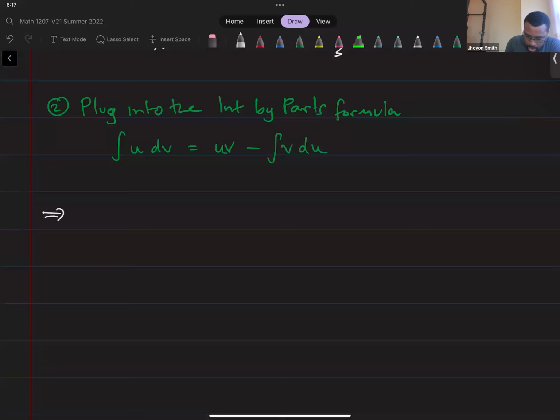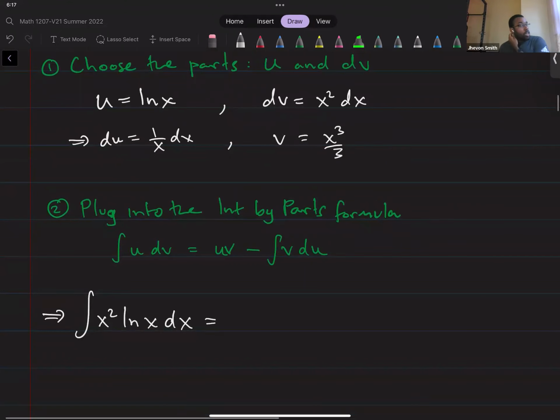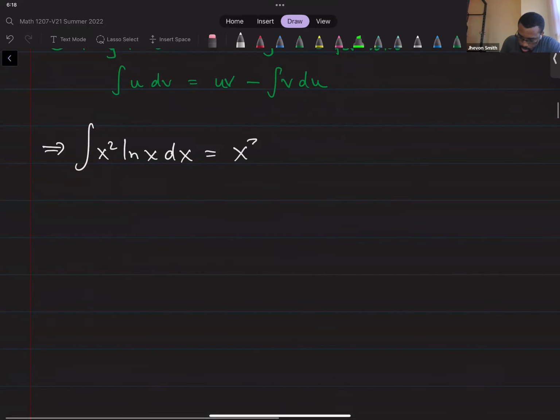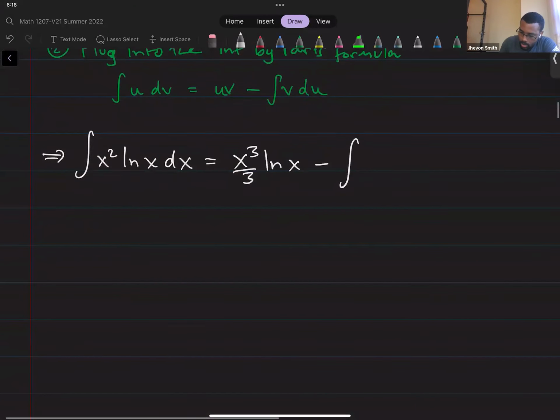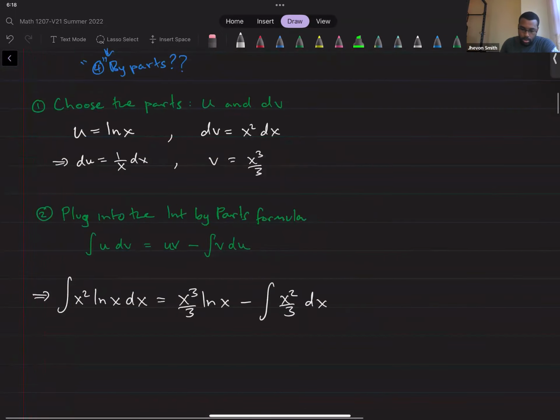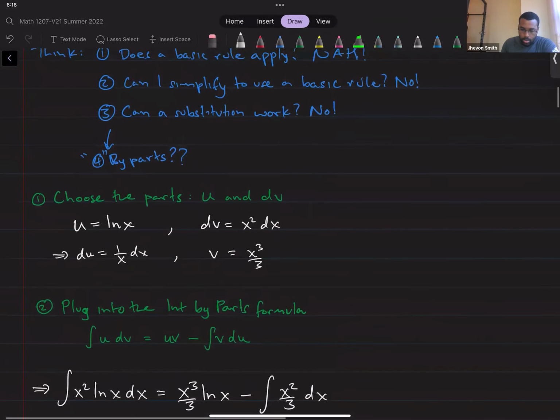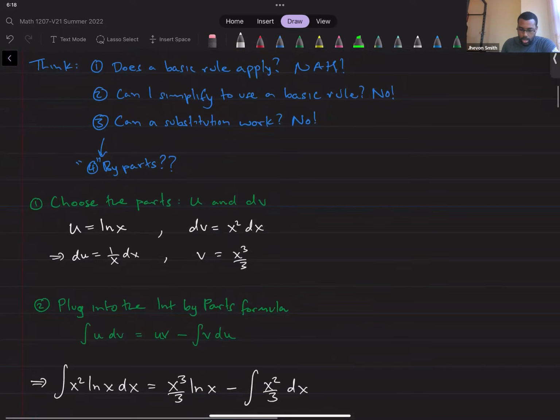So that's going to tell us that the integral of x squared ln x dx is going to be equal to u times v, so here u is ln x and v is x cubed over 3, minus the integral of v du. So you take that x cubed over 3 and multiply by 1 over x, and you get x squared over 3. Okay, so that is what brings us here.